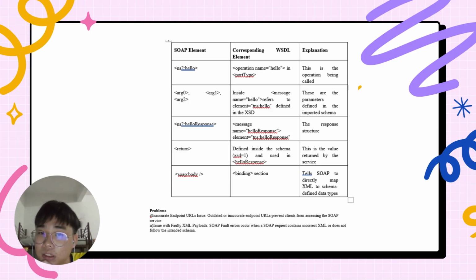Secondly is the issue with faulty XML payloads in SOAP. The explanation is that SOAP fault errors occur when a SOAP request contains incorrect XML or does not follow the intended schema.